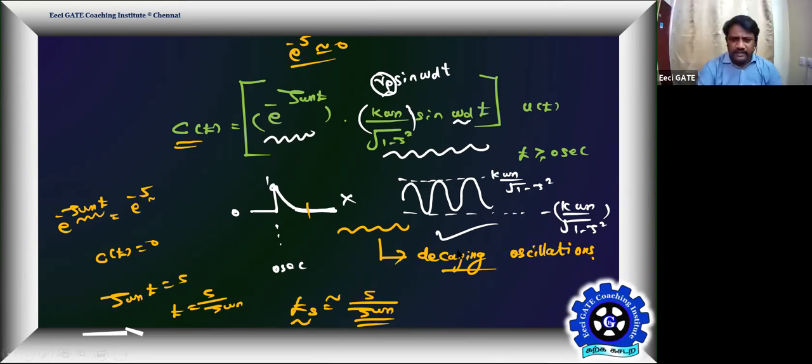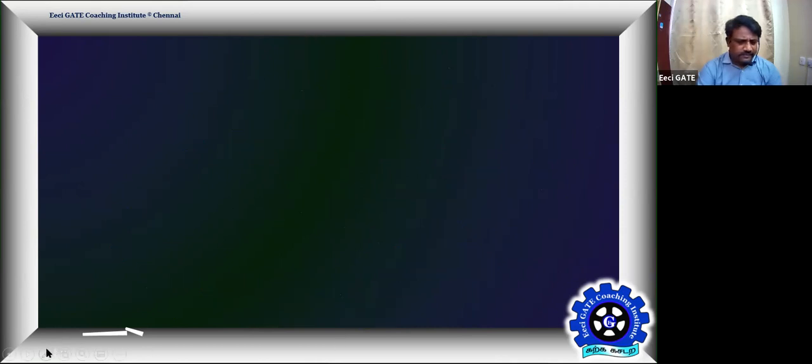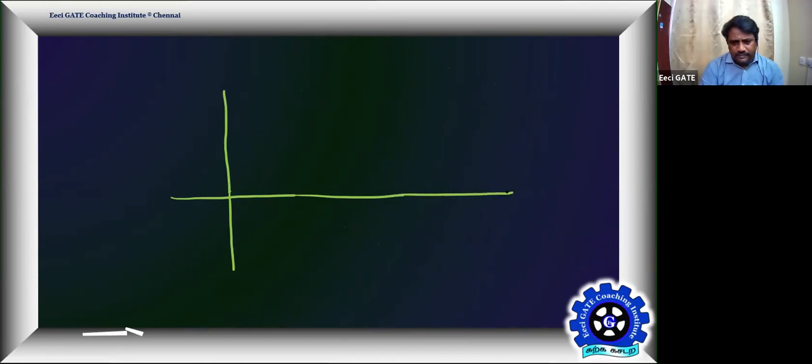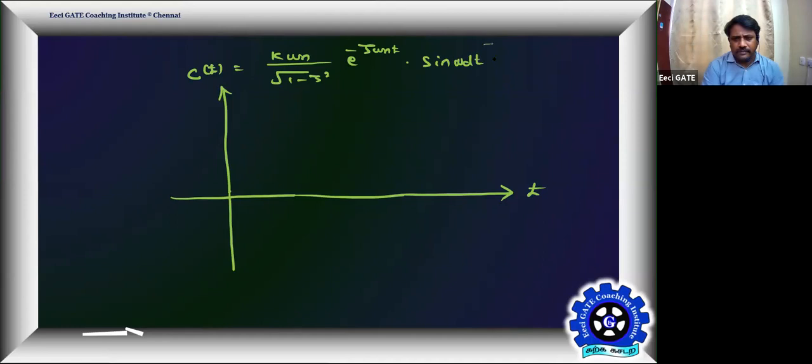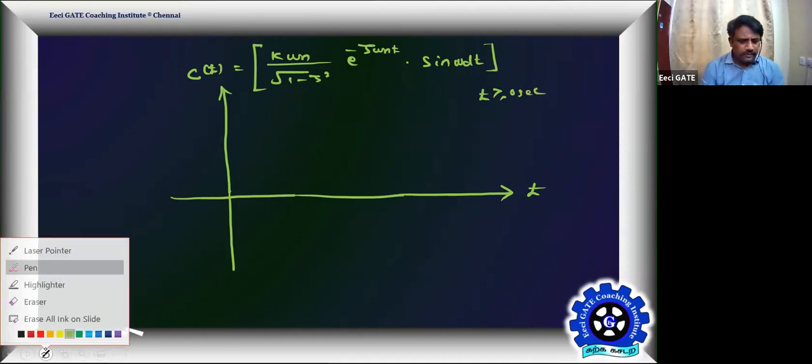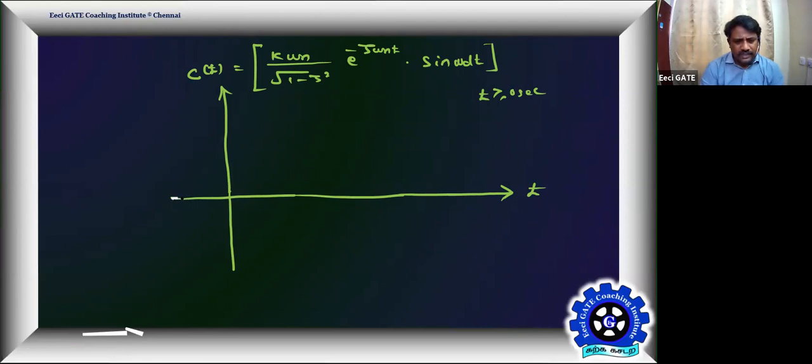Okay, now let us plot c of t. Initially no response, it is 0.